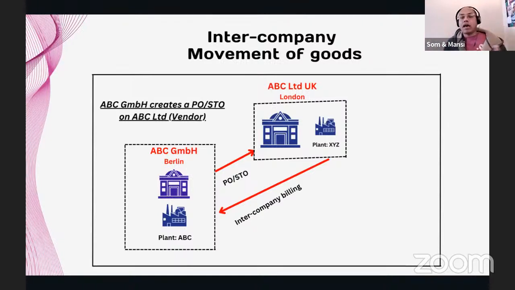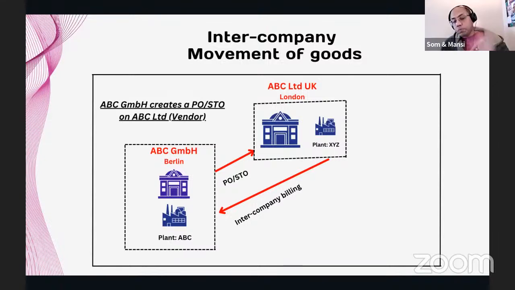This is the scenario where, unlike the first one we discussed, intercompany billing, where goods move directly from one entity to the end customer and the two companies raise billing and invoicing, or an AP document and an AR document are created on the back of it, now we are discussing another scenario.